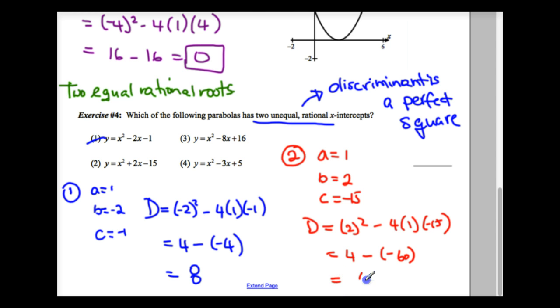This is equal to 64. Now is 64 a perfect square? Yes, it is. So my answer is choice number 2. We don't even care about these because we know that the square root of 64 is 8. Whoa, that doesn't look like an 8, but that's an 8.